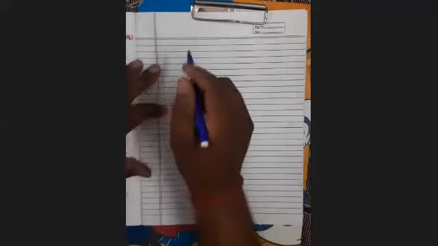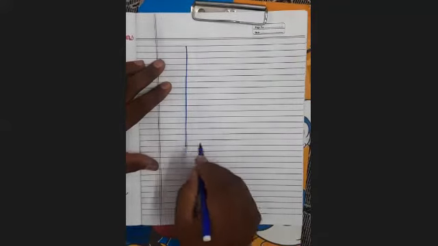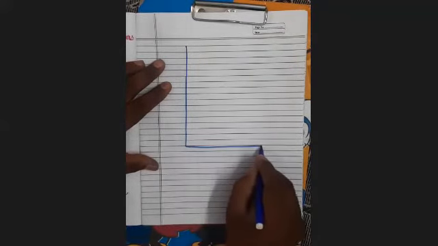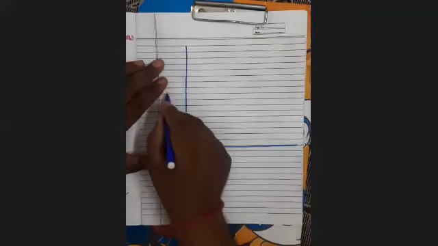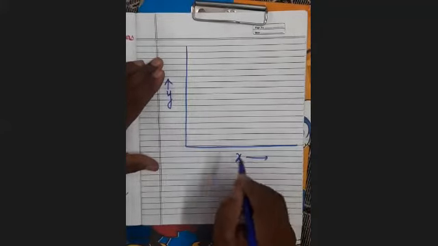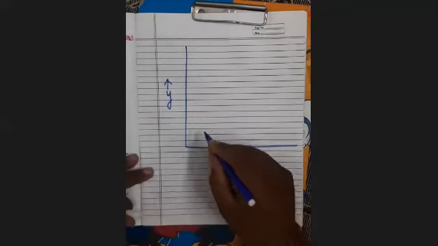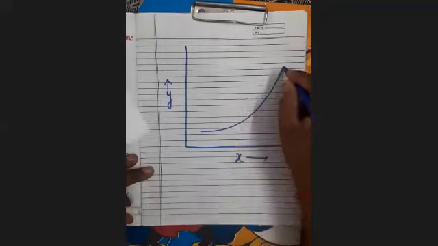So here we will use the differentiation limit. Now you can see here, it is y, this is x, and the graph is suppose this.